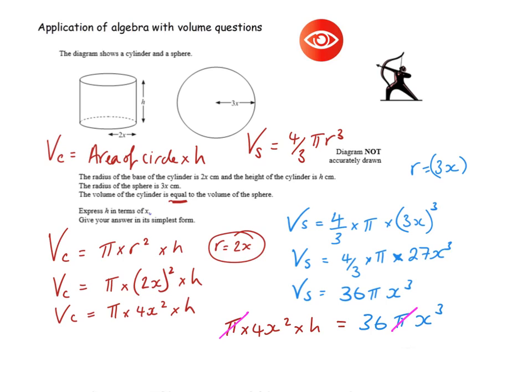The x squared and the x cubed, I can cancel out 2 x's from the left and 2 x's from the right, so that's going to leave me with the 1x on the right, and I can divide by 4, so that's going to leave me with 9 on that side. So I will end up with h on its own, and I'm going to be left with the 9 and the x, which I haven't crossed off. So that is the value of h in this case.